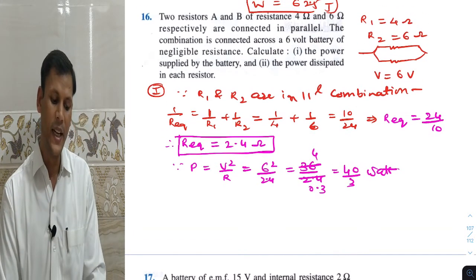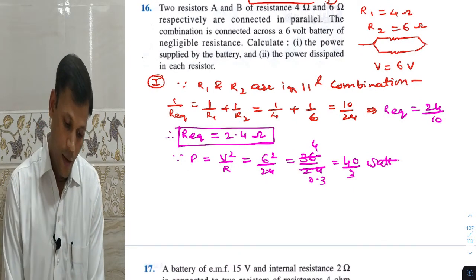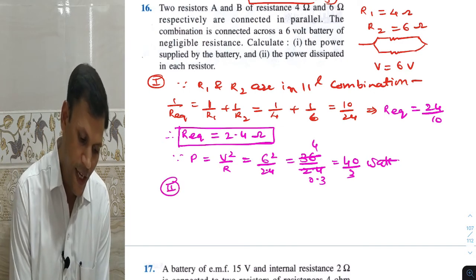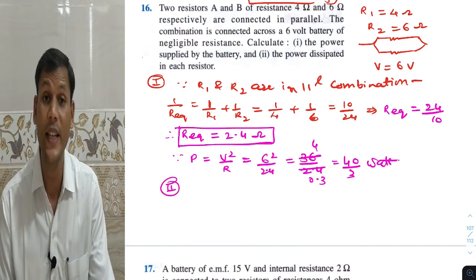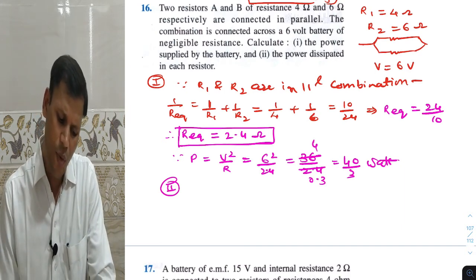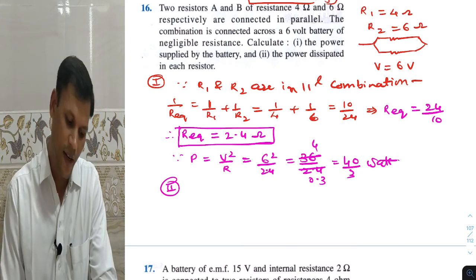Now the second part: we have to calculate the power dissipated in each resistor. Power is V square by R, so V square by R1 and V square by R2.